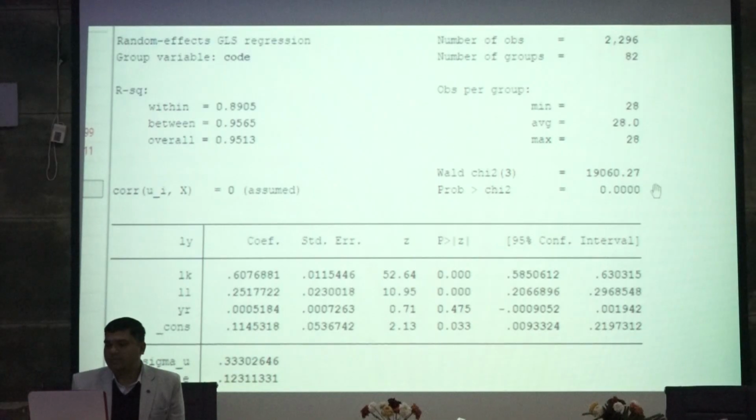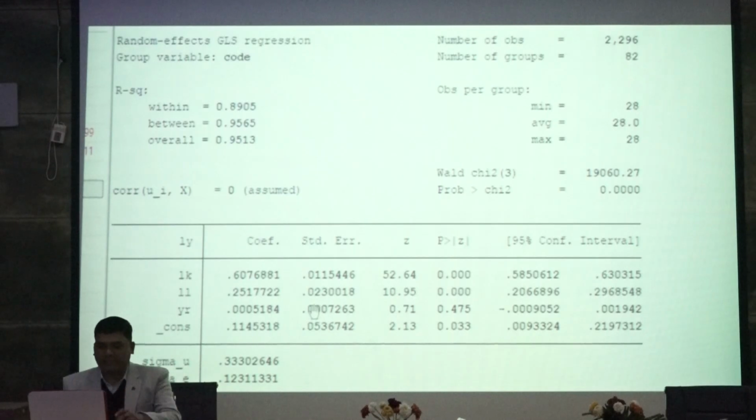And here again the number of observations and the number of groups, and each group has 28 observations. Then you can check the overall significance of the model, and then you can check the significance of each and every variable by checking this p-value.